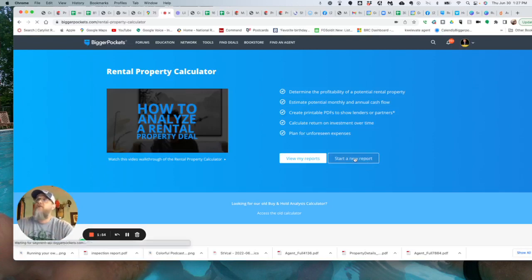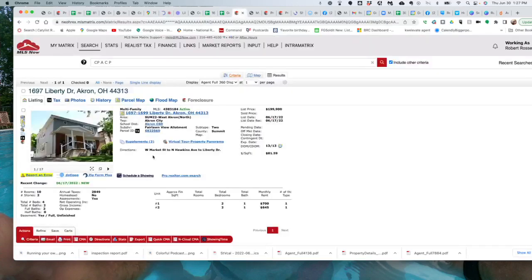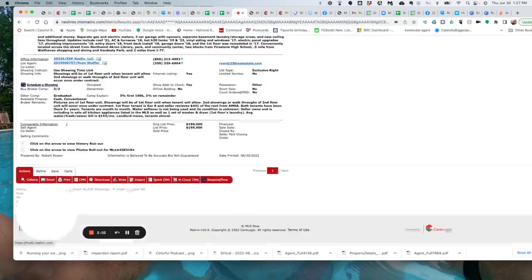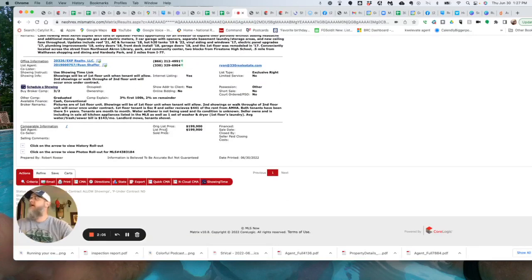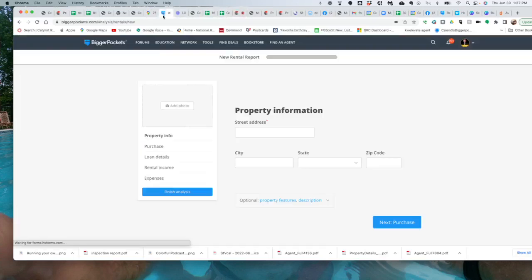But let's just start a new report here on the Bigger Pockets webpage. And for today, I'm going to use this listing over here, 1697 Liberty over in Akron. This listing was brought to us by, let's see here, this is EXP Realty. I ran the numbers on this one the other day on our calculator, but for today, I'm going to run it over on here.